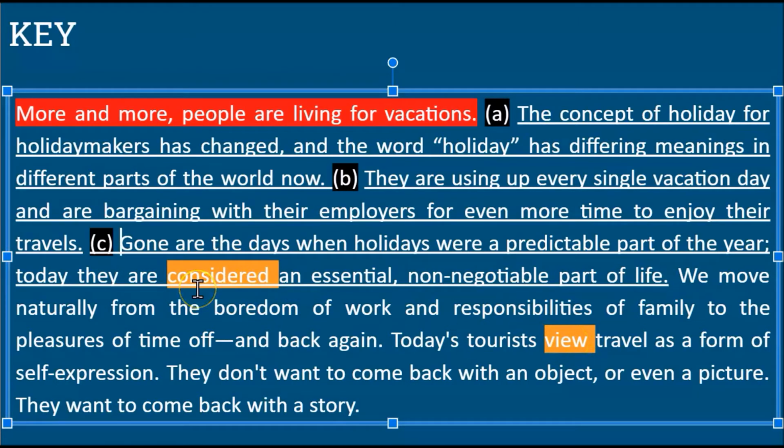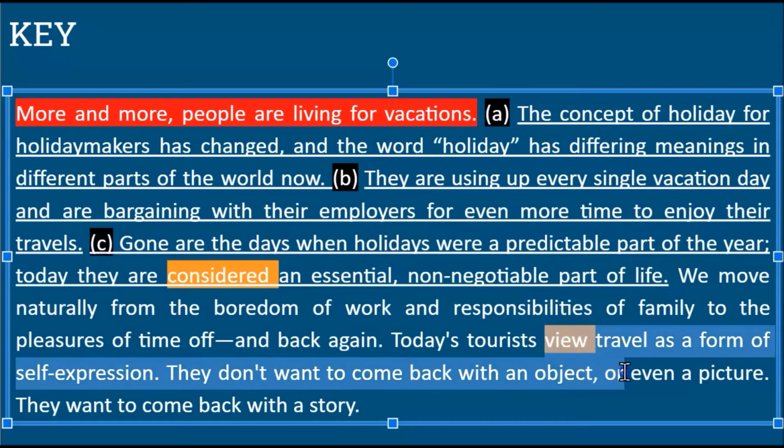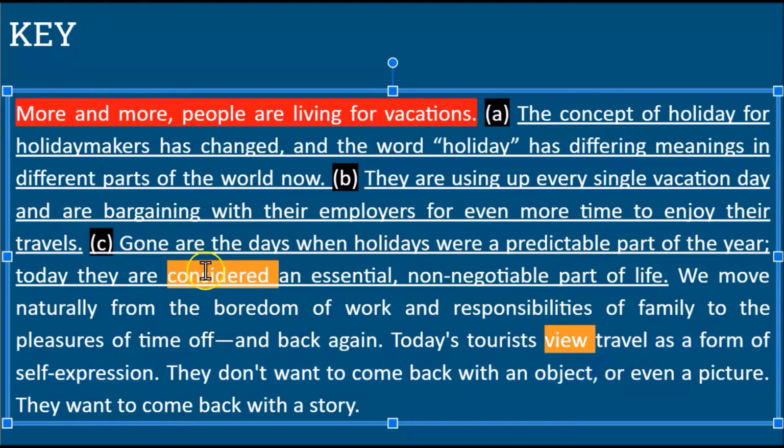So we can understand easily that sentence C is in line with the rest of the paragraph here. So we cannot omit C. C needs to stay. And B is again in line with the first sentence because this they here is the same word as people. They and people are the same.